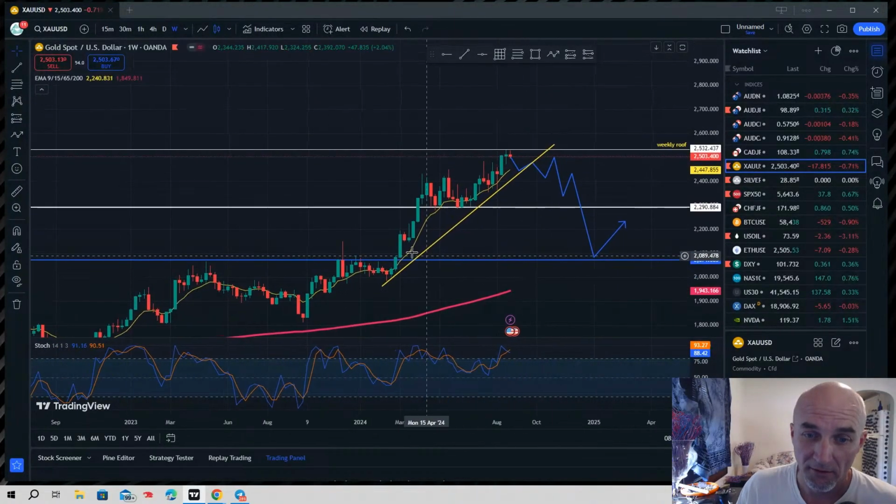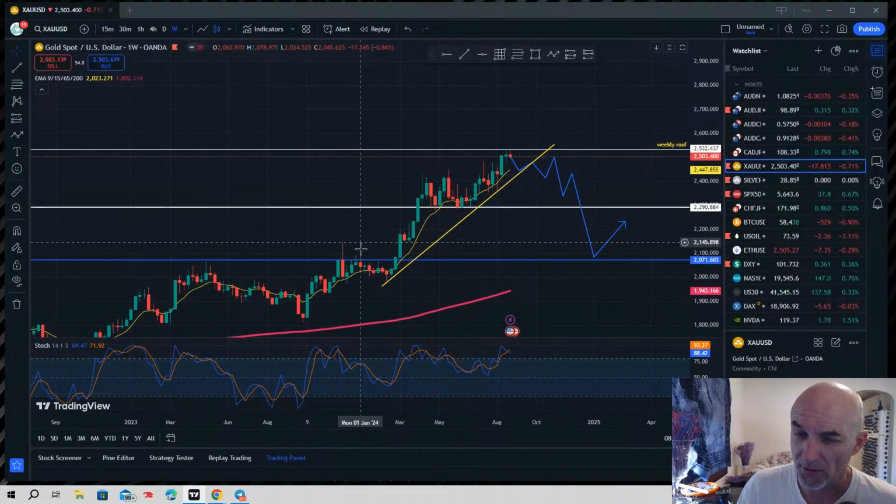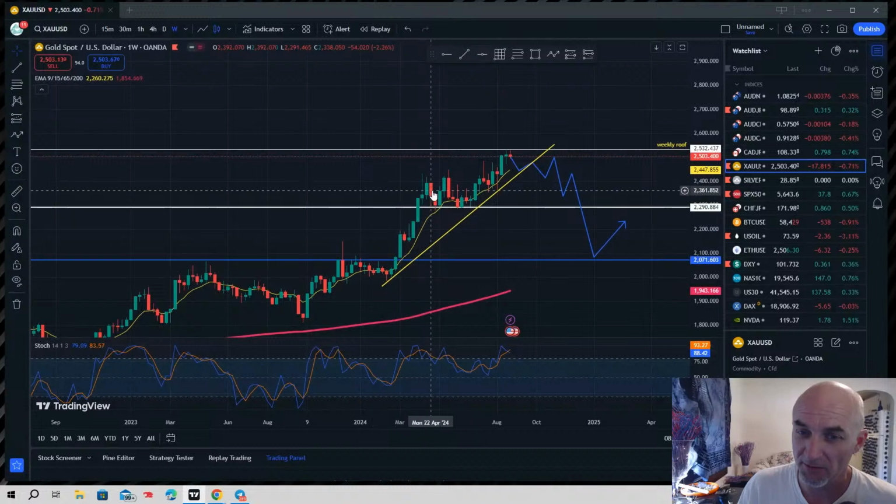See? That's how you get a trend. Price touches it, goes up, comes back down, touches it, goes up, doesn't come back down, touches it, keeps above it, keeps on this side of the trend line. So that means the trend is staying until it comes back down and touches it, goes back up.